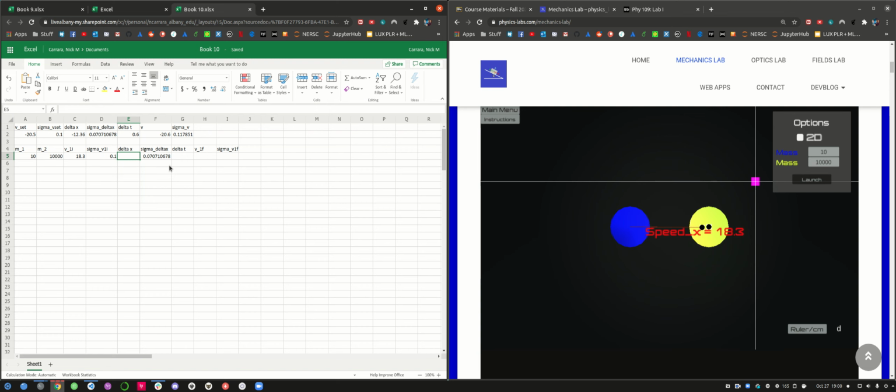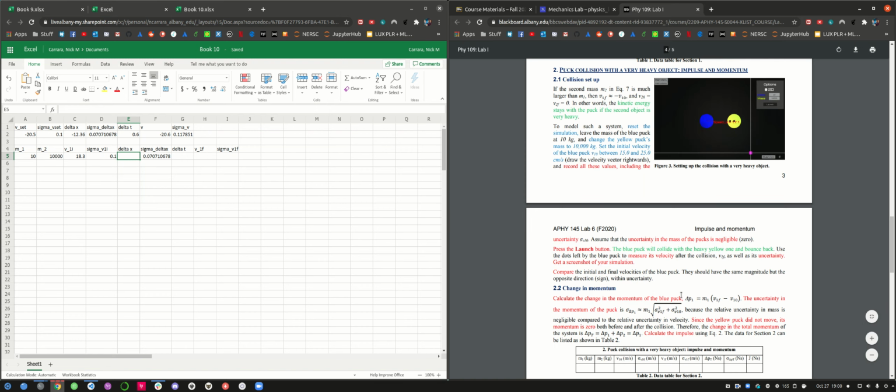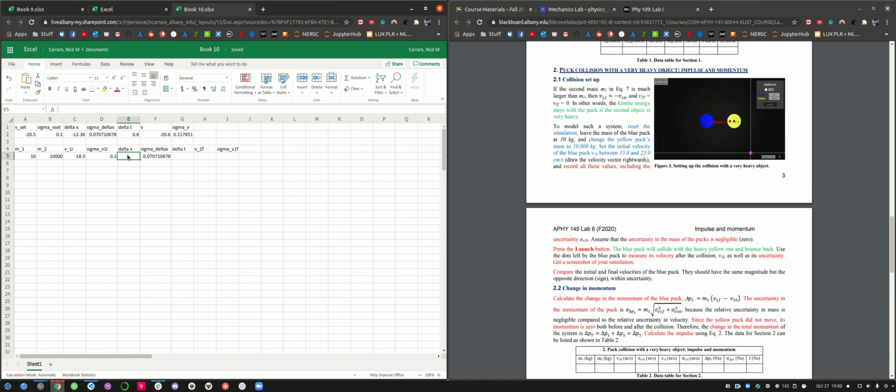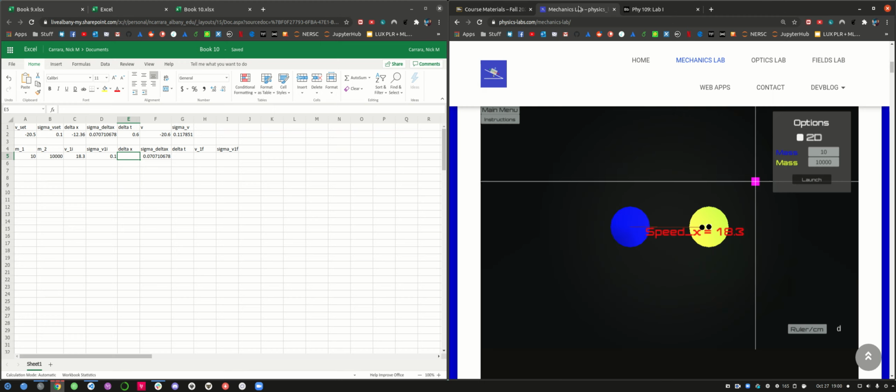So I expect that this is going to bounce off with the same velocity going in the opposite direction. So let's see what happens. And that's basically what it looks like, because these dots here comprise part of the motion when it's going to the right, and then also the motion when it's going to the left, and you can't really tell the difference.